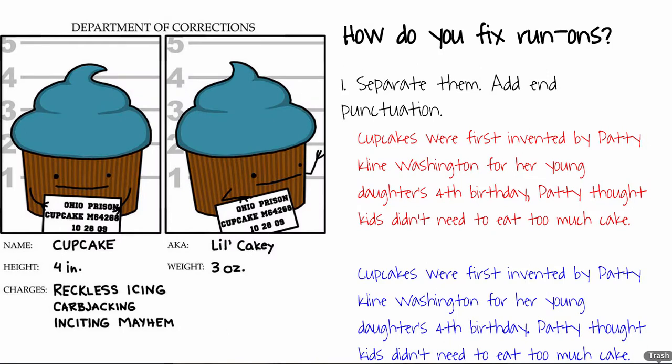The first strategy we can use to fix a run-on sentence is to separate them by adding end punctuation. So that'll be by adding a period, a question mark, or an exclamation point, whichever is appropriate for the sentence. So again, here is my run-on sentence in red, and then in blue I have it fixed for you. I've divided the 2 sentences up using a period.